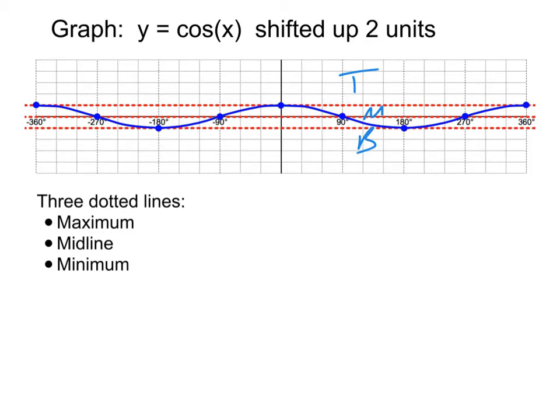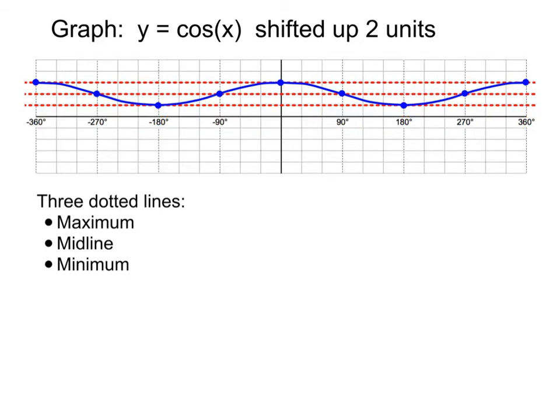I'm going to start the graph that I'm going to make here in a minute using those 3 lines, and I'm going to draw each of those in where they go. Because if I can see where each of those lines are, I know that every single point that I plot for this cosine graph is going to be on one of those lines. And we're actually going to get a nice little pattern going with it. And so this is going to be our end result.